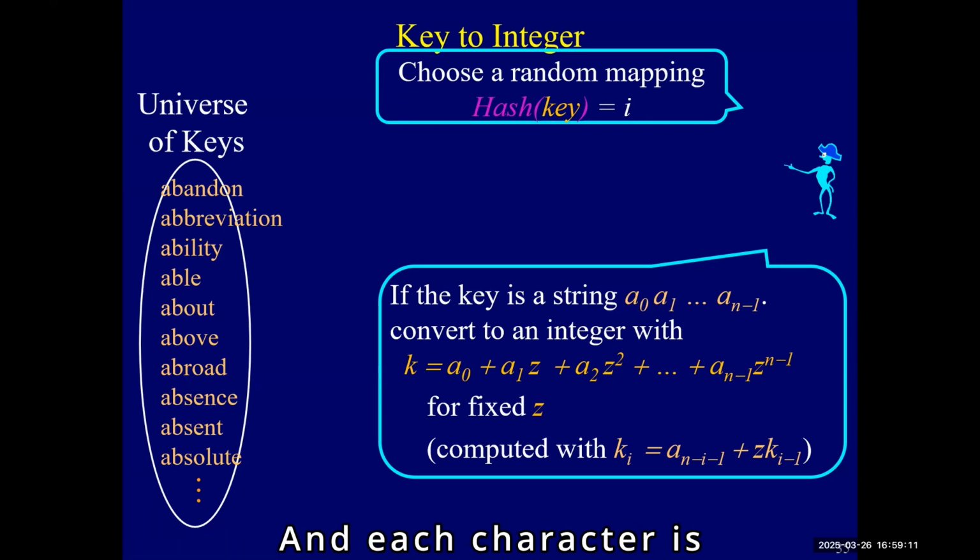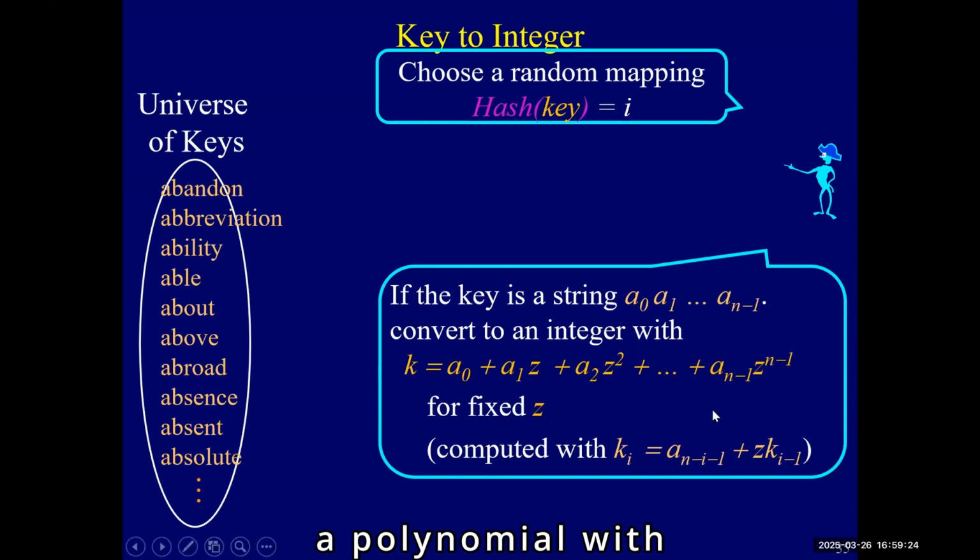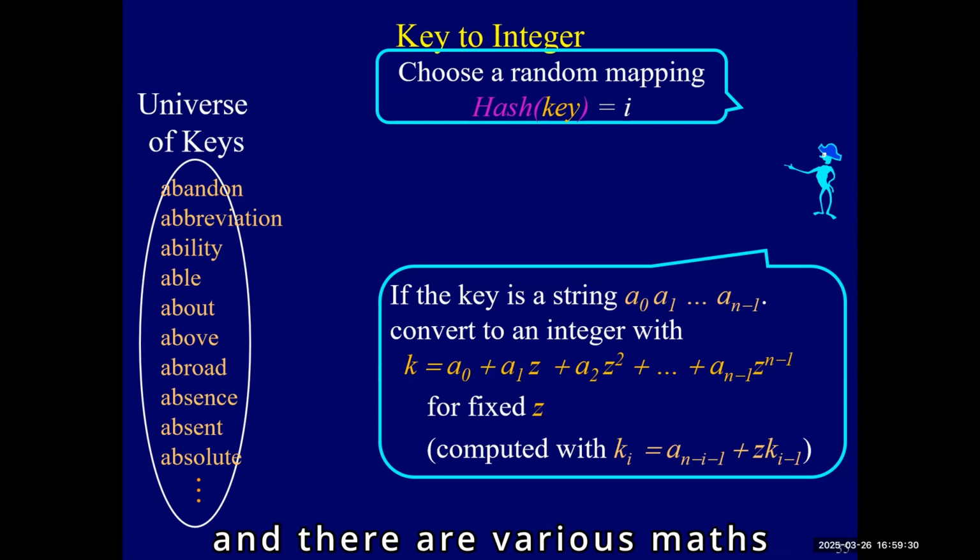And each character is stored as an ASCII thing, right? So it's a 256, right? And then you can form a polynomial with those coefficients, and you can plug in some z, and you can get out some integer, and there are various maths you can do to convert, right?